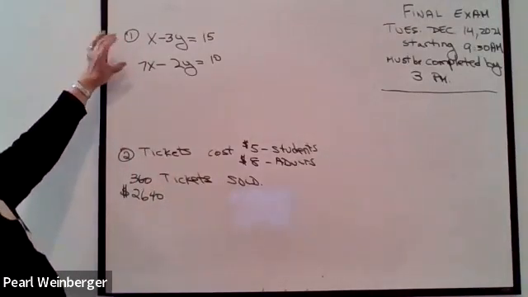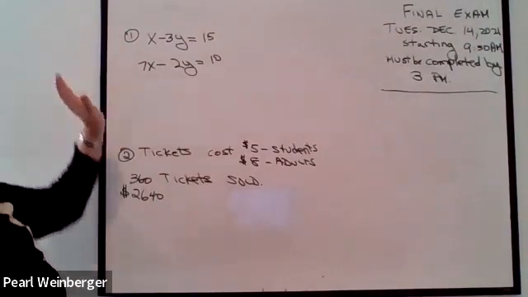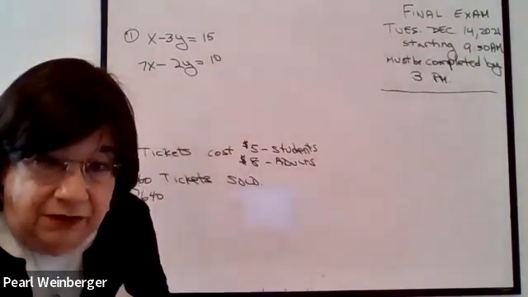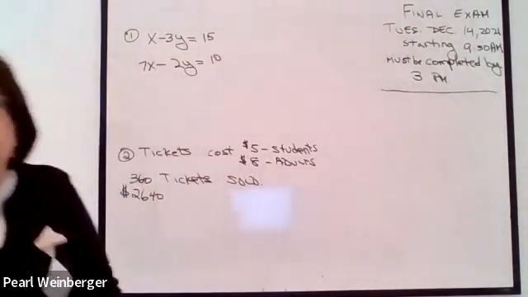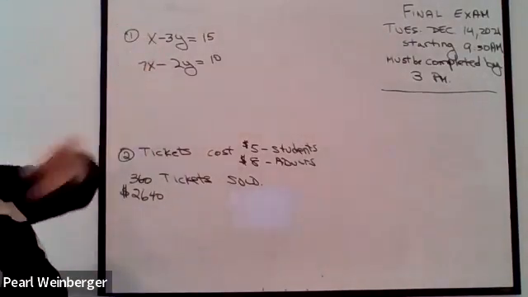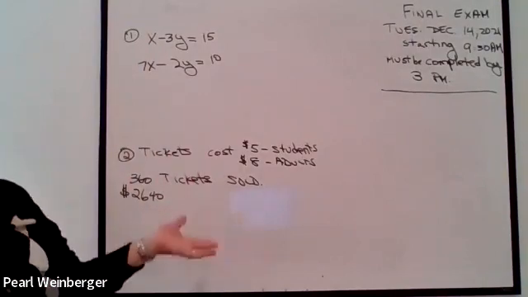We decide which variable we're going to eliminate. Deshauna already got an answer. I'm going to get rid of the y's just because I decided I want to. It doesn't matter.